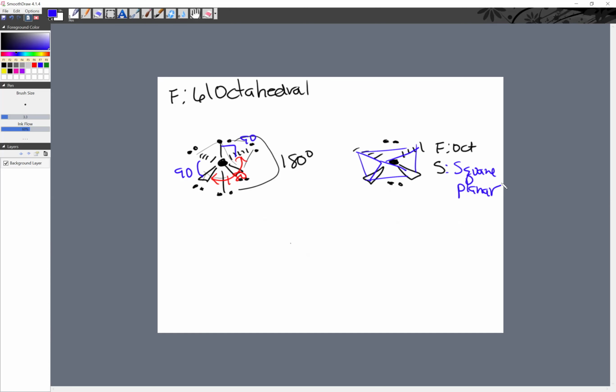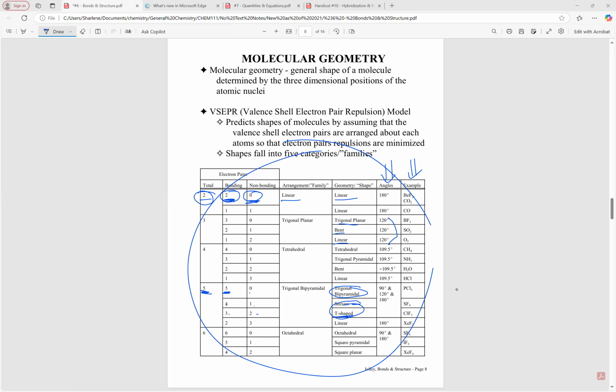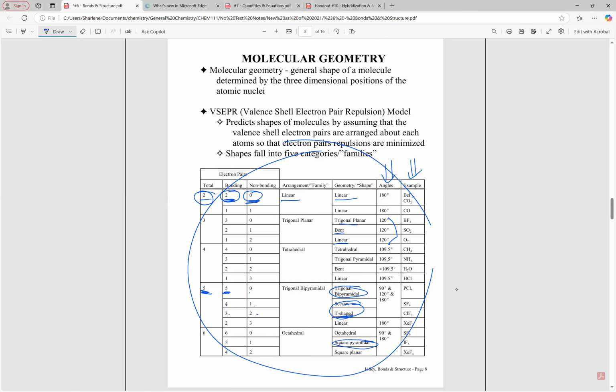And that's the most common one for octahedral. And then you can have one other. If you have 5 and 1, it's again a pyramid with a lone pair on top, which would be called square pyramidal. So again, there's more variations, but those are the only ones that we're going to play with.